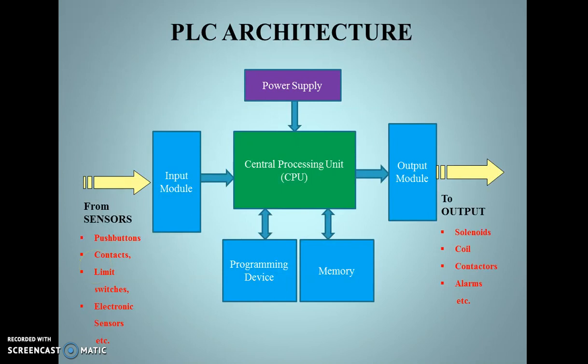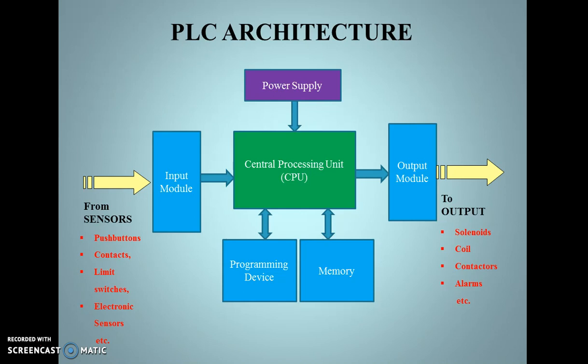Let's try to understand PLC architecture. We can see the main part or brain of the system is central processing unit, which is supplied by power supply, an input module which acts as the interface between the inputs, which come from various sensors like push buttons, contacts, limit switches, or various electronic sensors, and it is fed to the CPU.